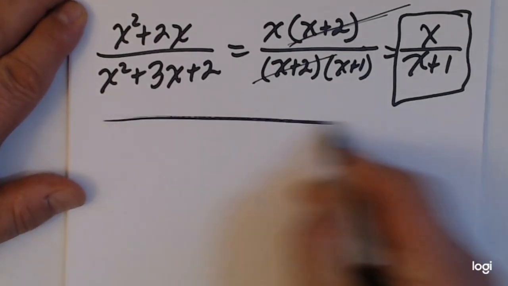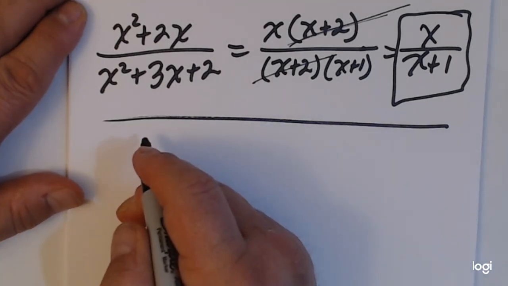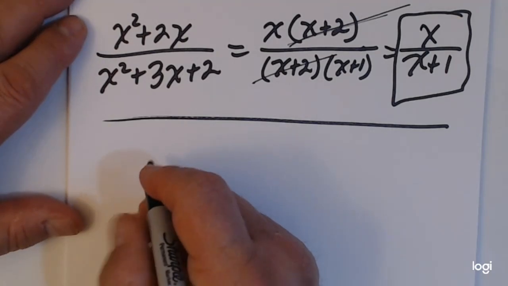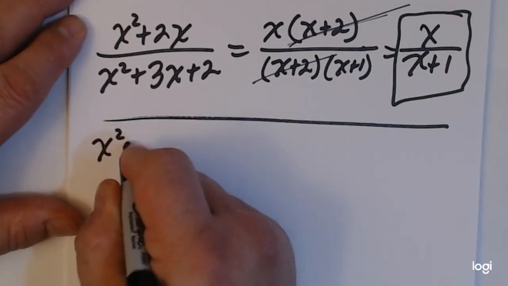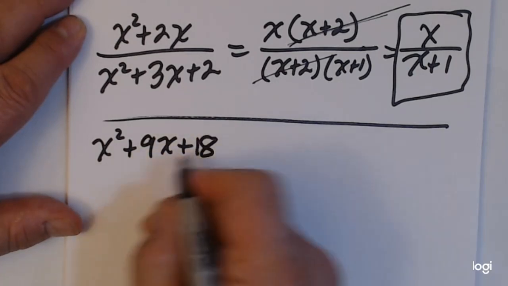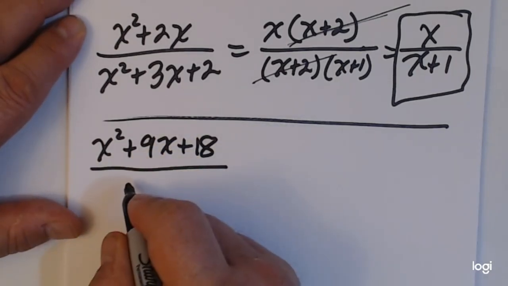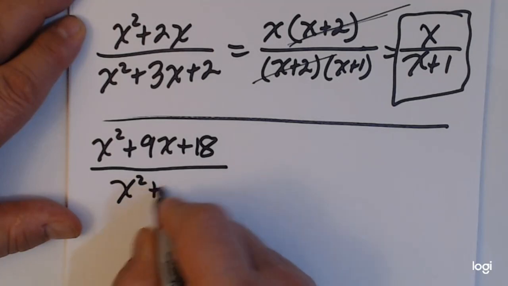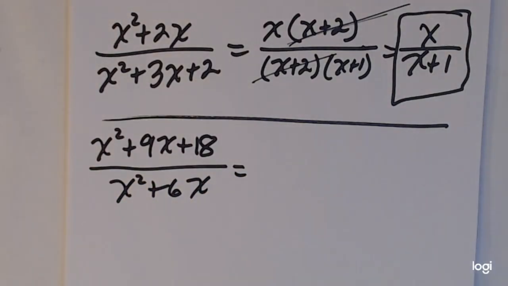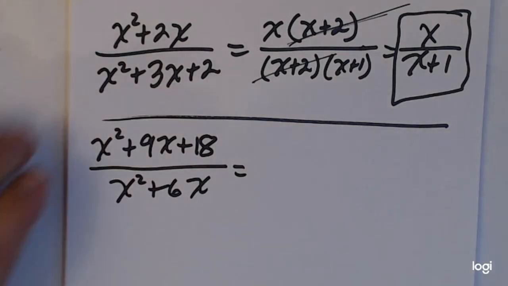Now, how about this one? X squared plus 9x plus 18 over x squared plus 6x. Well, I suggest that we factor the denominator first.